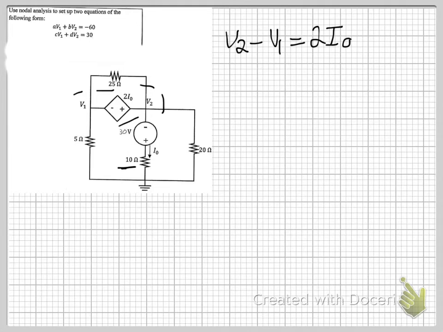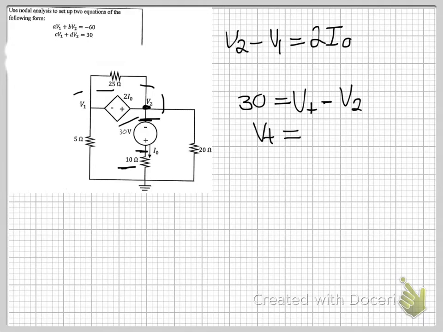So to determine the current IO, we need to find the voltage that is across the 10 ohm resistor. So we know that there's a potential difference of 30 volts here. So therefore, if this is V2, using 30 volts is equal to V plus minus V2.